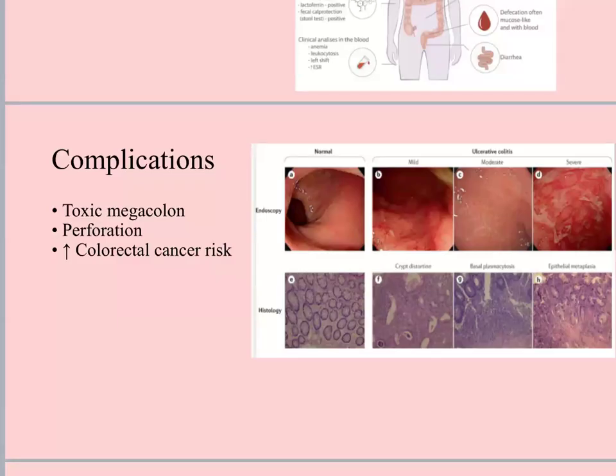So, toxic megacolon is something that can also occur. And this is an acute problem. The colon gets really dilated and it becomes paralyzed because of the inflammation of the muscular layer, and the colon just gets super distended and it can rupture.